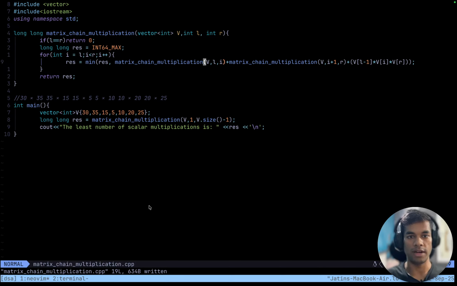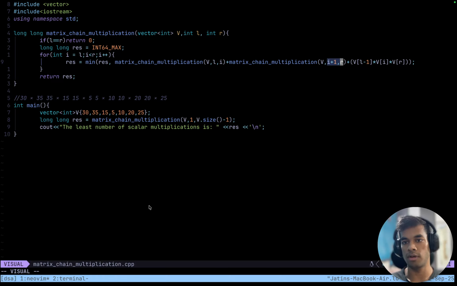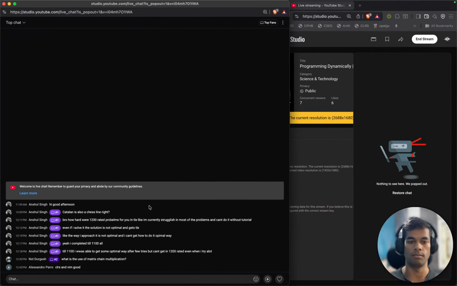Call the function matrix chain multiplication. That name is too long. From V beginning from L till I, because I is included in the left part, and then for the right part, call the function again on I plus 1 till R, and then the number of scalar multiplications we get when we multiply the left part with the right part, and we are taking the minimum over all i's, and that is cool. That works.